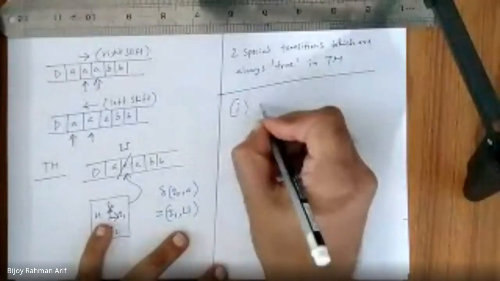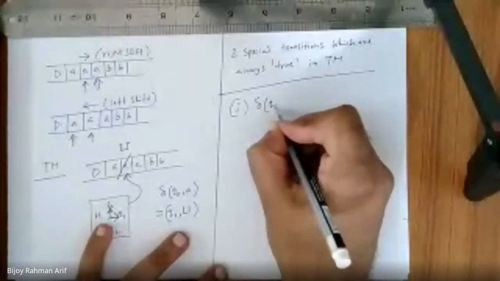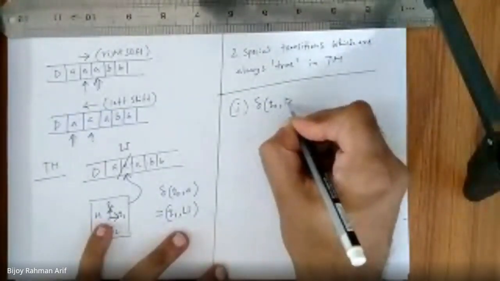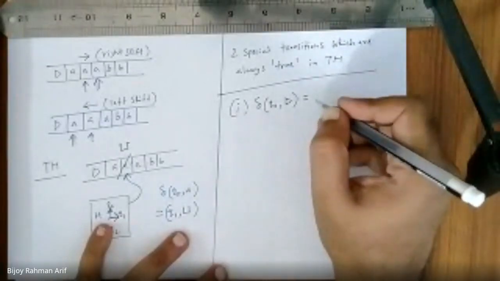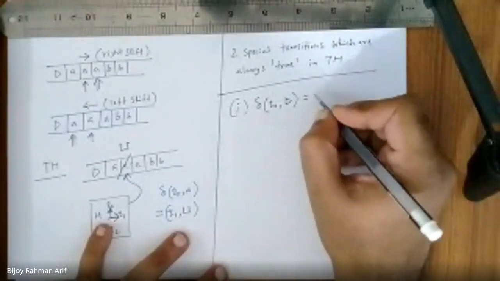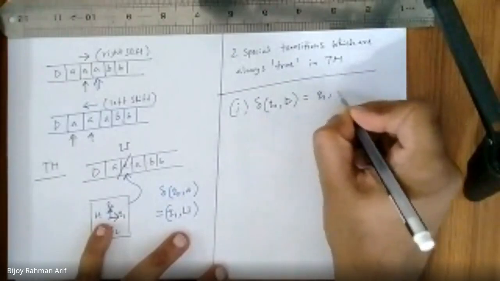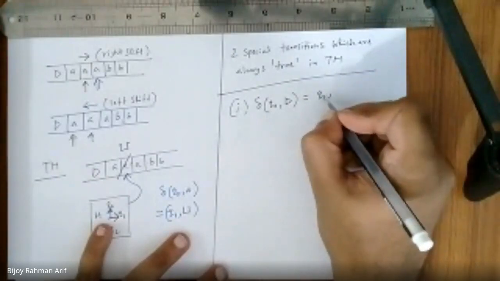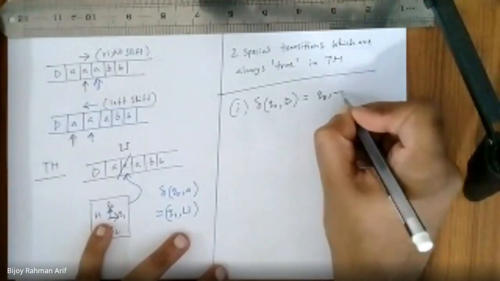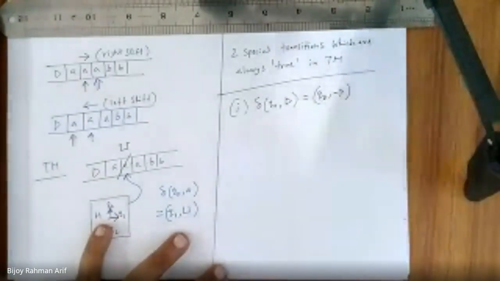Number one, delta of Q0, comma, triangle is nothing but Q1, comma, Q0, comma. What is the meaning of this?